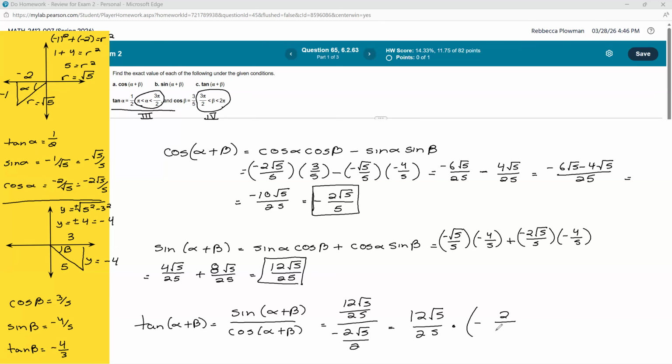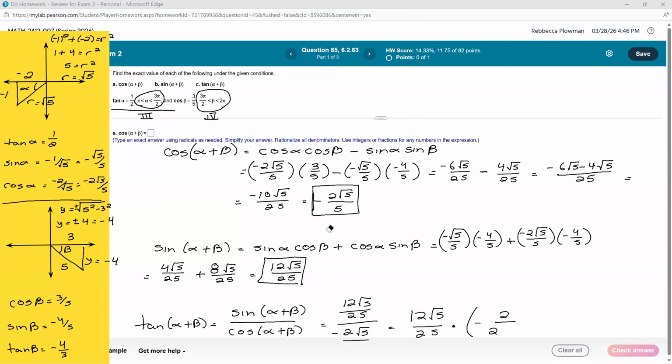That's a 5, not 2. I knew something was wrong there. So this is a 5 up here, 2 square root of 5. So the radicals are going to cancel. 12 divided by 2 is just going to be 6. And then we got 25 and 5 here. It's going to cancel, leave me a 5. So this is just negative 6 over 5.